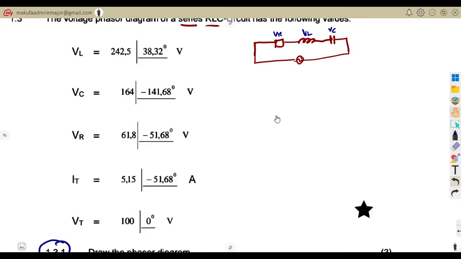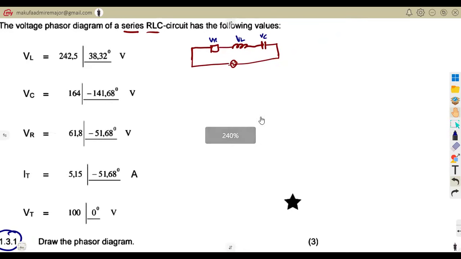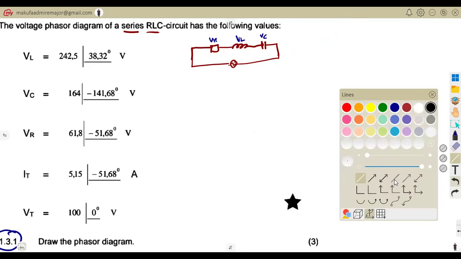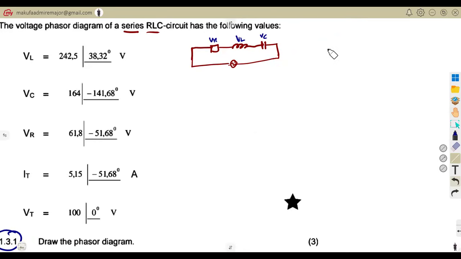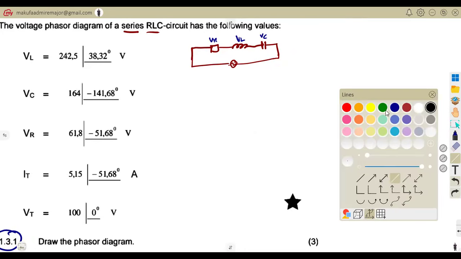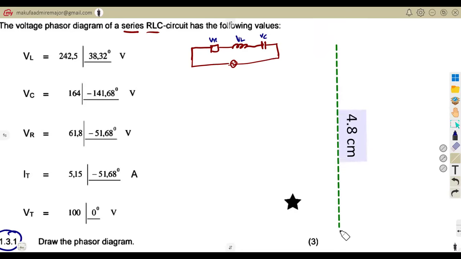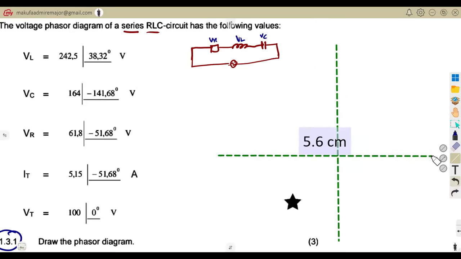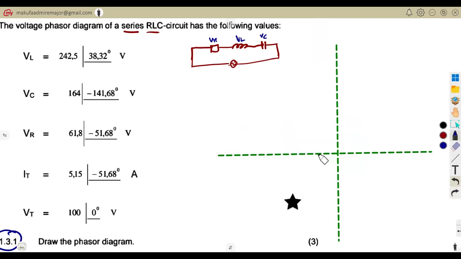Remember, this is our series RLC circuit, as we had this in our N4. Here I'm just going to try to have a sketch of how it was supposed to look. I just need something a little bit smaller. So we're just going to have our vertical and also the horizontal. This part I'm going to draw with a broken line, since we do not know exactly where that is going to be.